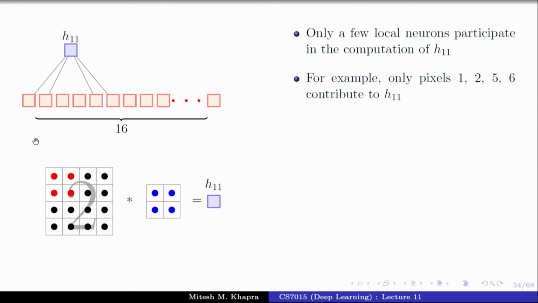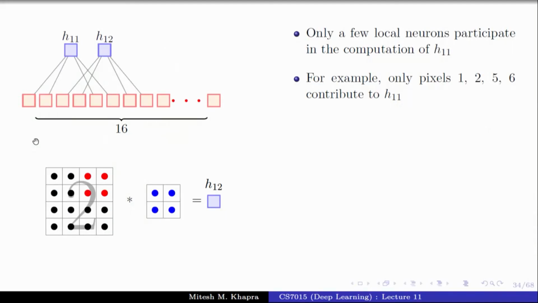The first pixel that we compute depends on pixels 1, 2, 5, and 6, because I place the kernel over there and only take a weighted average of these 4 pixels, and that gives me one value. As opposed to the feed-forward neural network, where this would depend on all the 16 inputs. Do you see the difference? The convolution operation only depends on a few pixels.